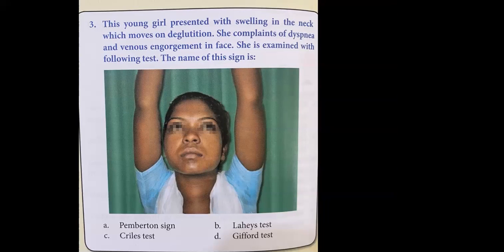For small nodules, Kocher's test is done. Pemberton's is for retrosternal extension. And Lahey's method is done for the thyroid lobes, the posterior lateral lobe of the thyroid, which is embedded in the tracheoesophageal groove.